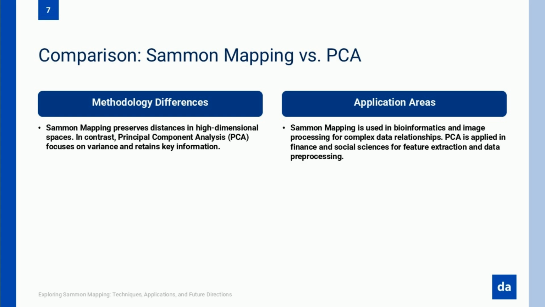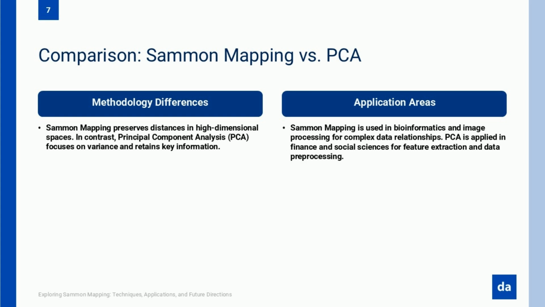So when should you use PCA and when should you opt for Sammon mapping? If you have a dataset where variance explains most of the structure, like financial stock movements or sensor data, PCA is often the go-to choice. It's fast, scalable, and works great when you just need a simplified representation of the data.